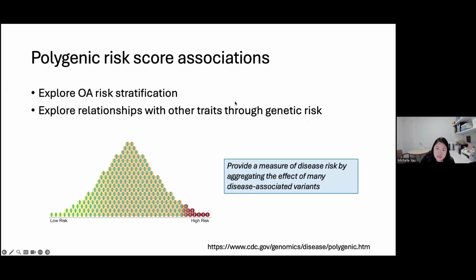So I think this is a place where you could really harness what is available in OAI with the genetics data and combine what's known about genetic risk for OA and other traits in order to refine and dive into the deep phenotyping available in OAI and see what's associated there.